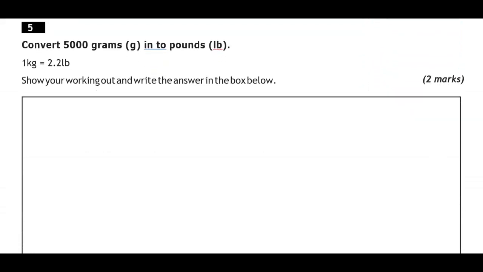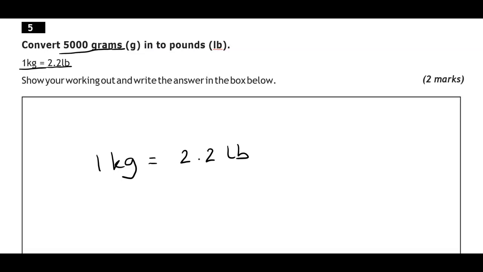Question 5. Convert 5,000 grams into pounds. 1 kilogram is equal to 2.2 pounds. Show your working out and write the answer in the box below. So we know that 1 kilogram is equal to 2.2 pounds. We've got to convert 5,000 grams.